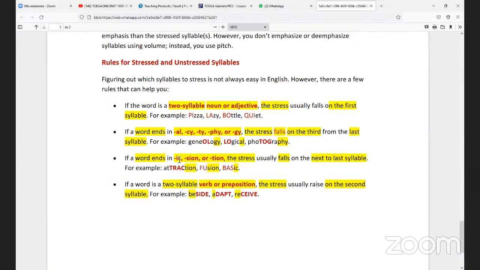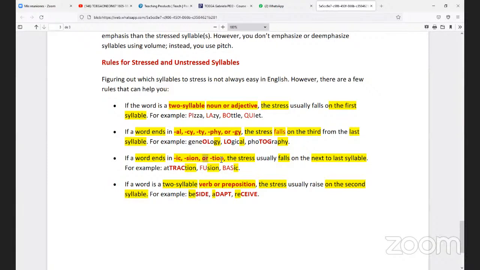Do you have another one with these endings? With IC, for example? For example, música. How can I say música in English? Music. Yes, music, right? Excellent. With shion: passion. Passion. Yeah, okay, great. Patient.